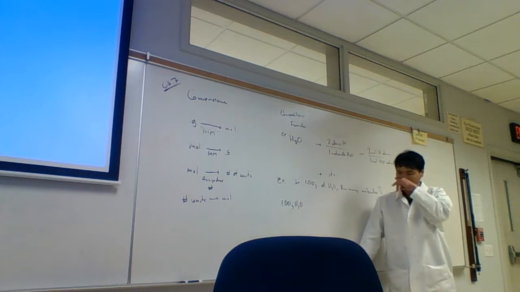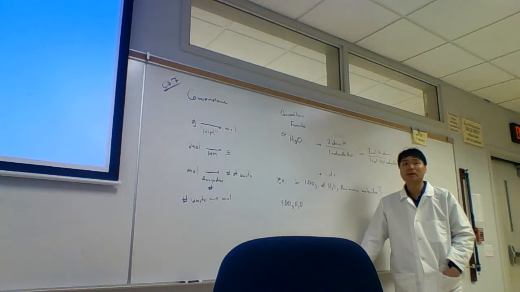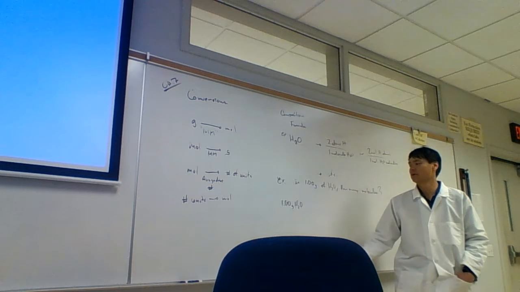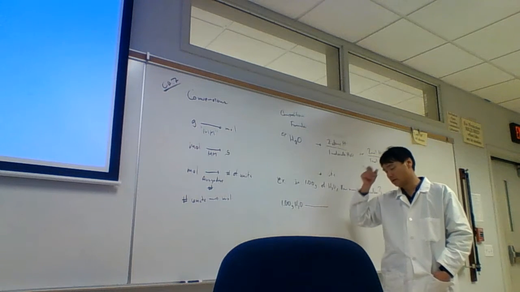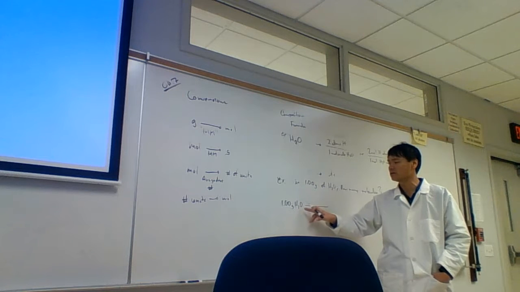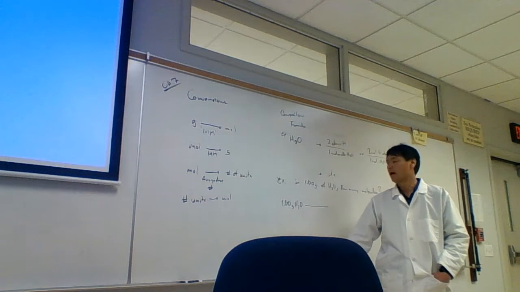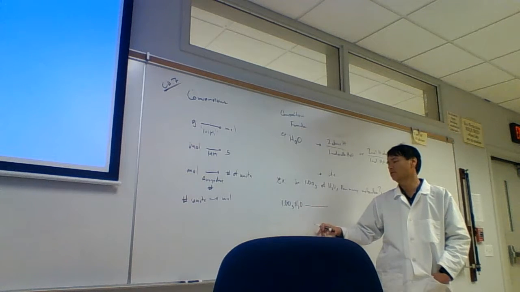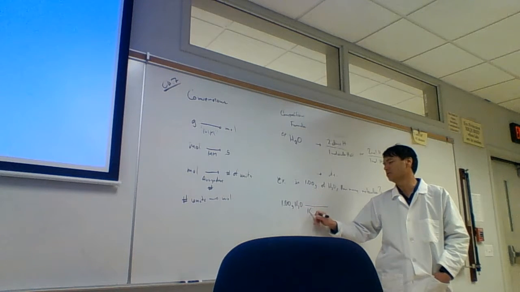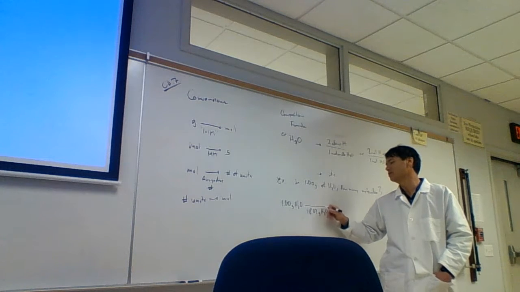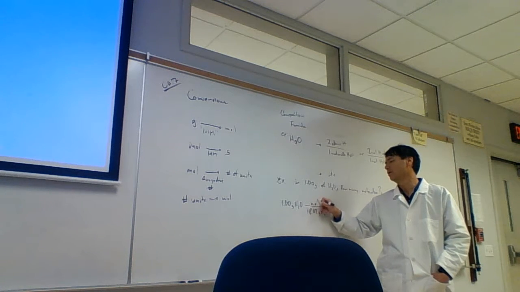Then we want to figure out how many moles of H2O that is, based on the molar mass. Oxygen has a molar mass of 16. Hydrogen's 1.01, so altogether it comes out to 18.02. 18.02 grams of H2O is equivalent to a mole of H2O.